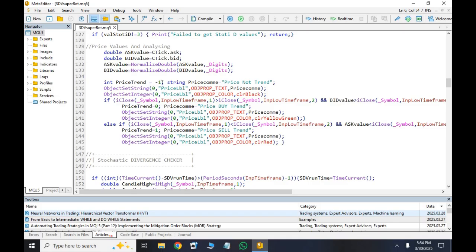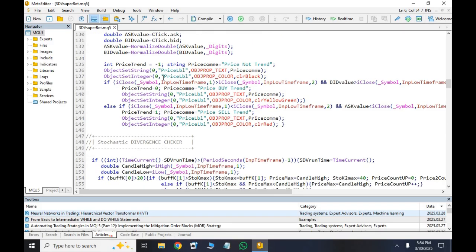Price trend is -1. -1 means no buy trend or no sell trend, and we get a string for price frame showing price not trend, and the first price label shows that price not trend frame with black color.